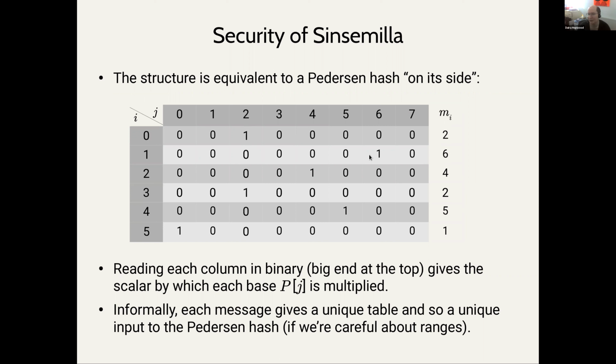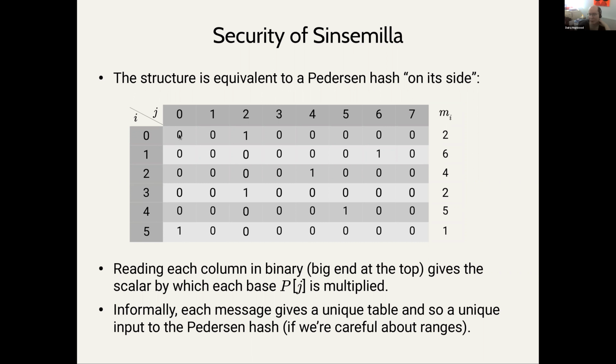The second message chunk has 6, so we choose base 6, and so on. And it turns out that, ignoring Q, which is just a constant, we can read off the hash value by considering the columns in binary. So we read off this 0000001 as a binary value, and that is the scalar that we multiply base 0 by.